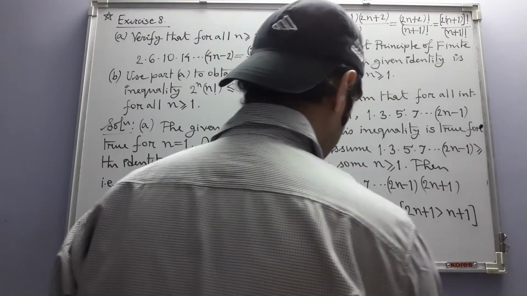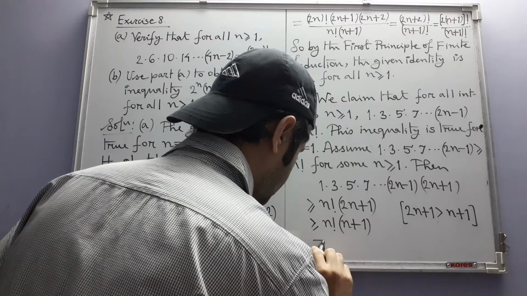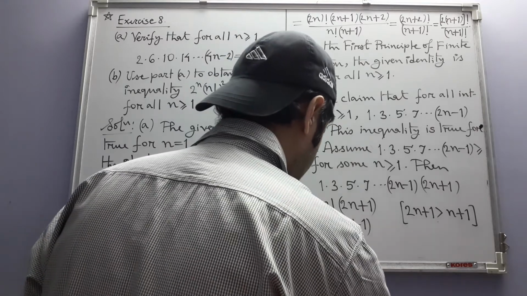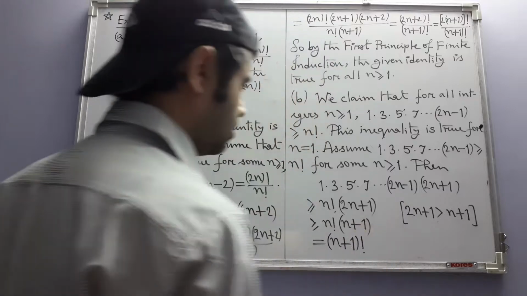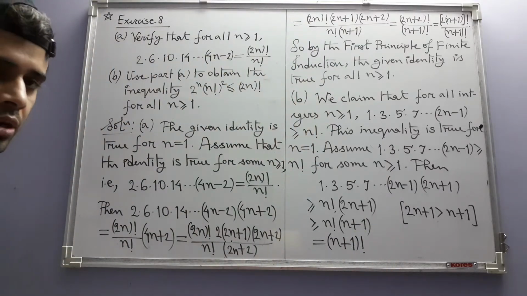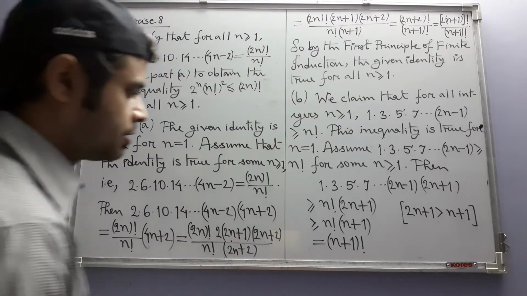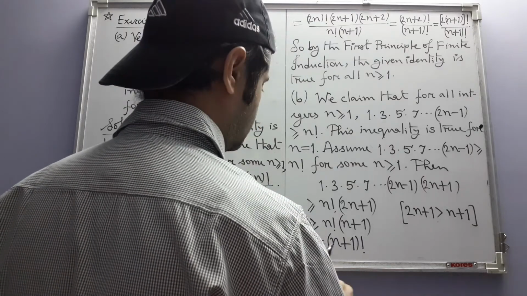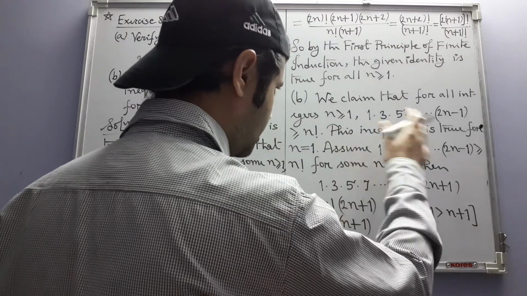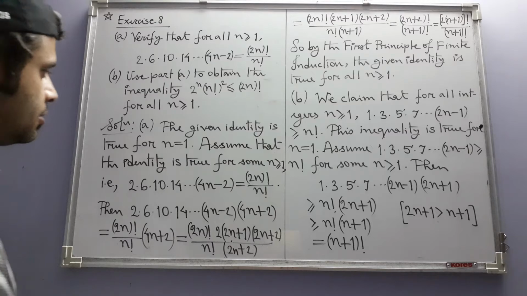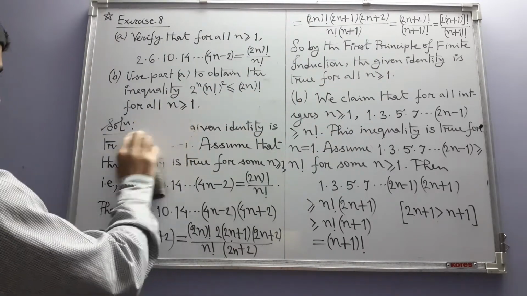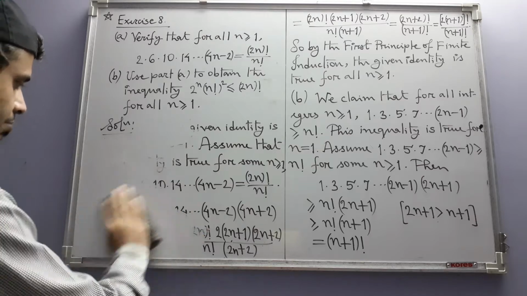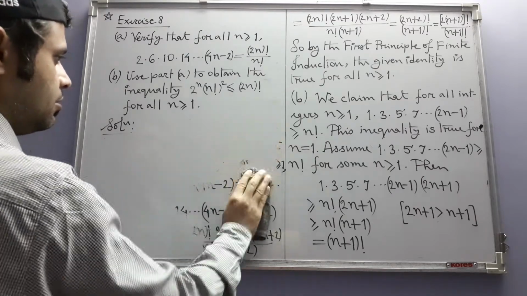So that's why we can write like this, and this last term is nothing but n plus 1 factorial. So by the first principle of induction, our claim has been established. Let me keep the exercise and wrap this part off instead.